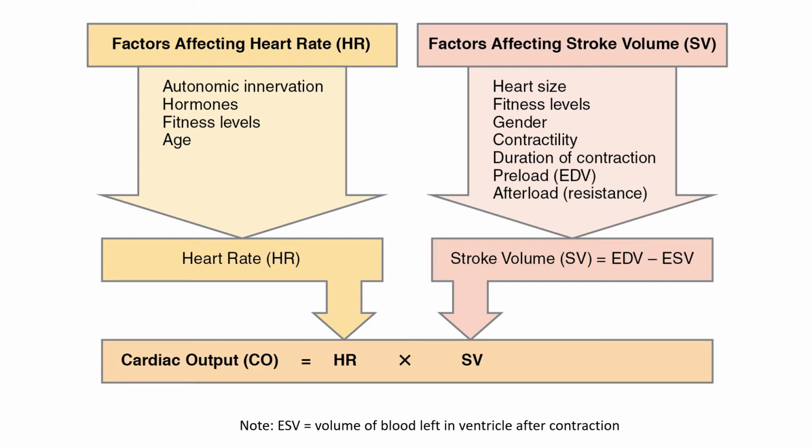The parasympathetic system maintains a resting heart rate of about 60 beats per minute in most young, healthy individuals. The sympathetic system kicks in during fight or flight responses, and it increases the heart rate. Likewise, hormones like epinephrine and norepinephrine, also known as adrenaline and noradrenaline, can increase the heart rate.